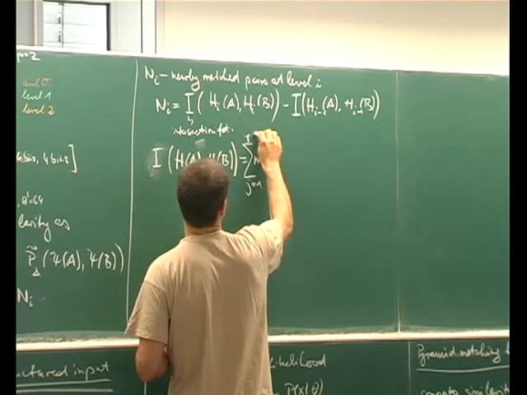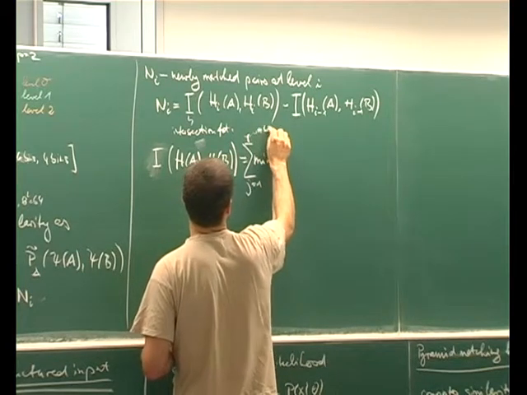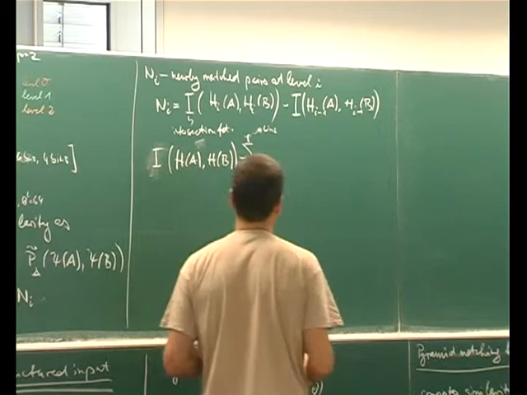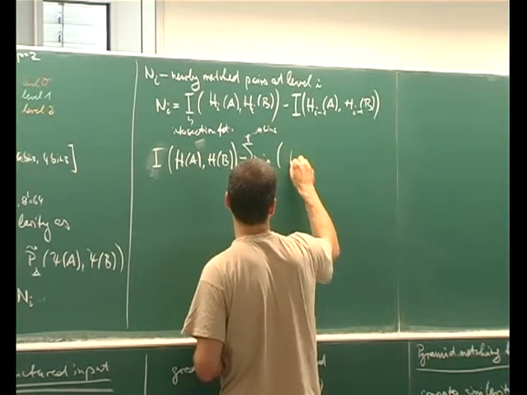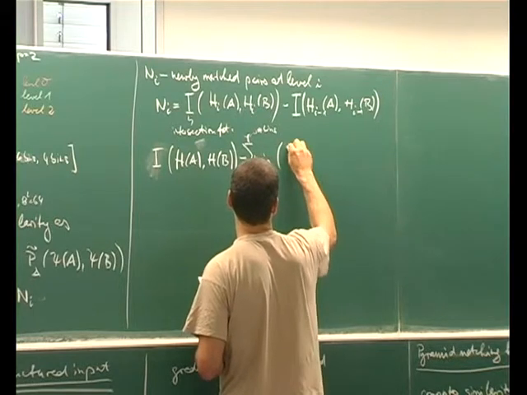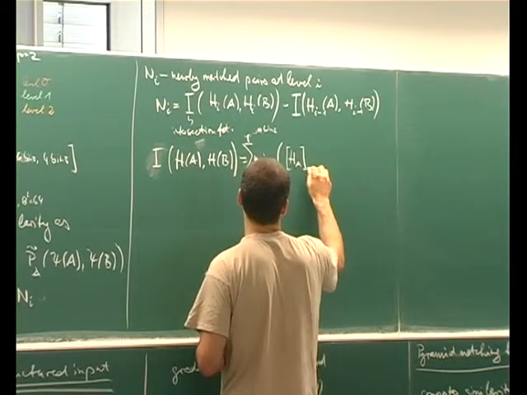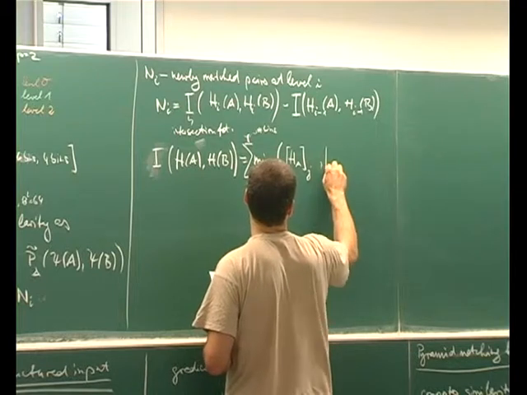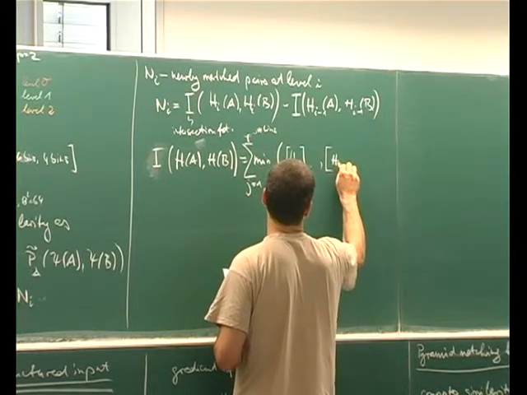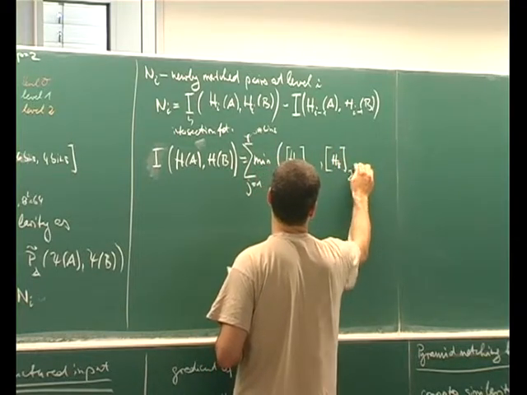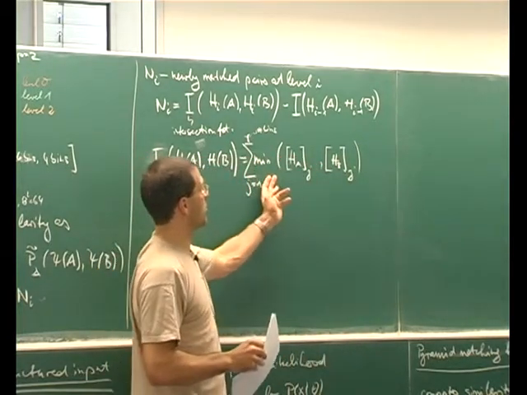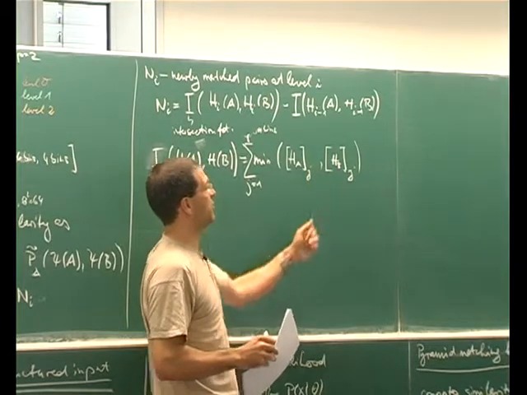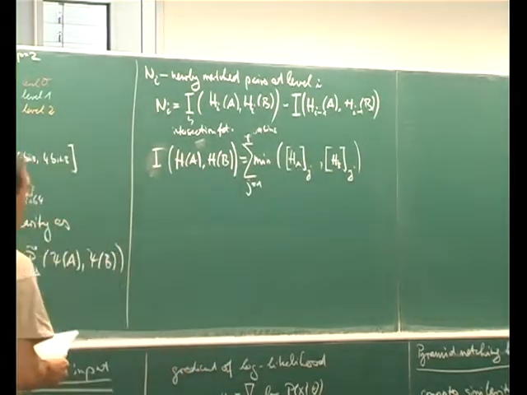So R is the number of bins that we have in each of the histograms. So we're summing over the minimum of the respective entries in the histogram.